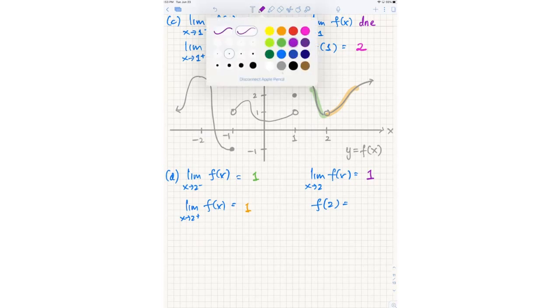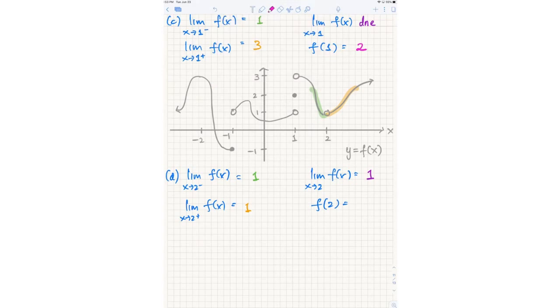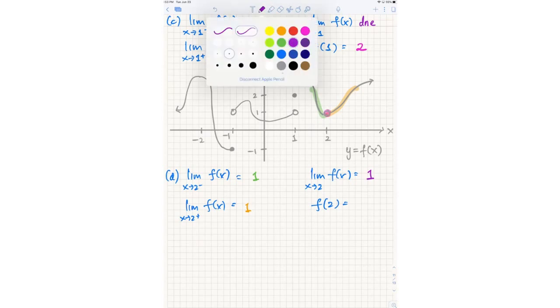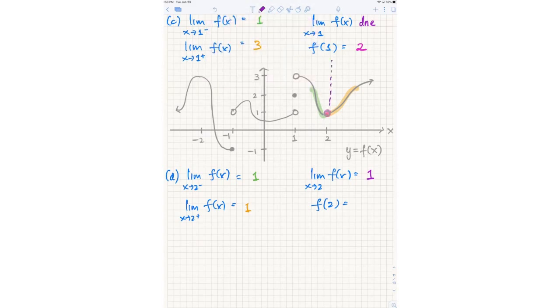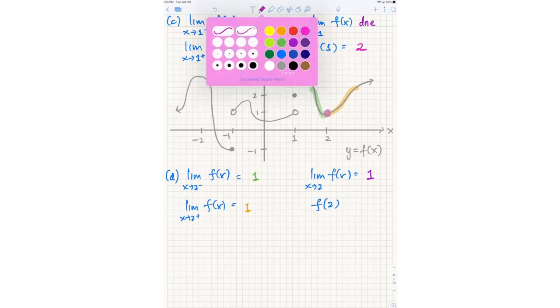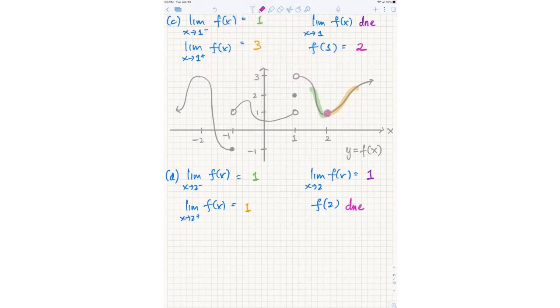Because there's actually an open hole there. And in fact, if you look, does this graph ever intersect the line x equals 2? No. So x equals 2 is actually not in the domain of this function. So I'm just going to say here, okay, f of 2 actually does not exist. Or you can say f of 2 is undefined, right? Either or.